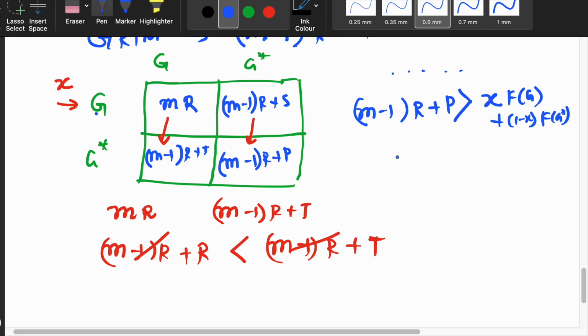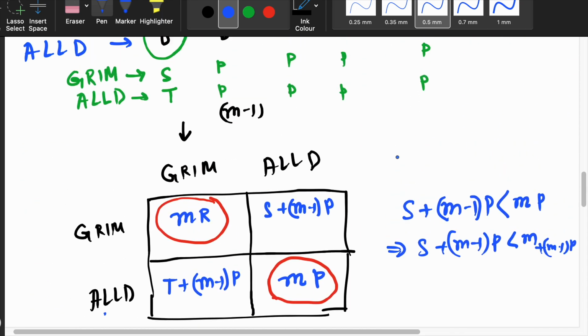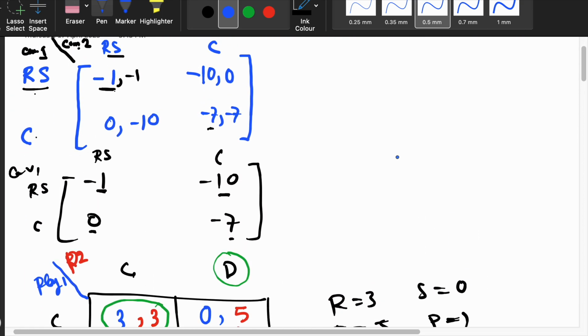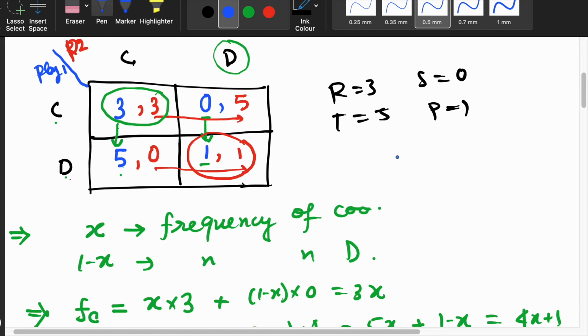If it is not clear, let me go back to the prisoner's dilemma case. It gives the same essence. If my opponent is cooperating, I should always defect, and if my opponent is defecting, I should also defect. So no matter what my opponent does, I should always defect.